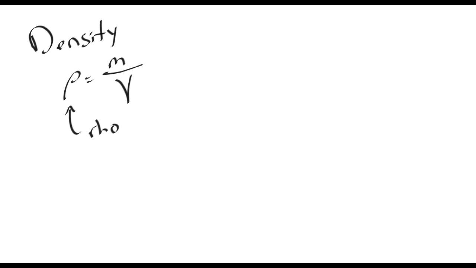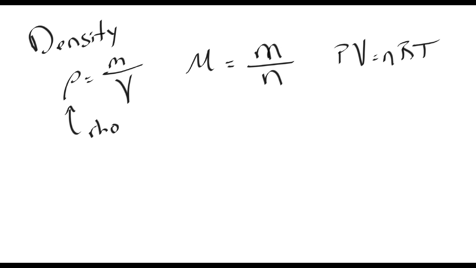Now, molar mass, let's just call that capital M, is equal to mass over moles, grams per mole. Okay, so grams per mole. And then we have PV equals nRT.